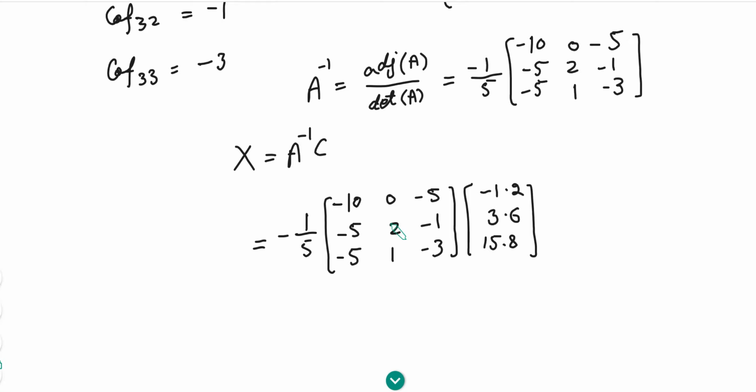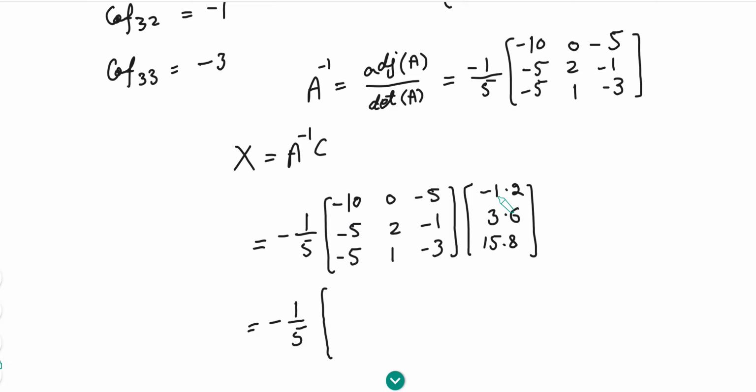Now how can we multiply? We select our first row and multiply it with the first column of the second matrix. The -1/5 will remain here. Let's do this one.